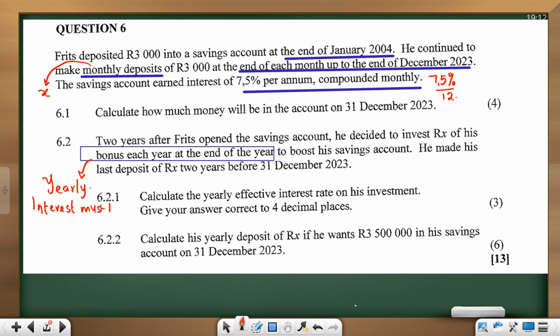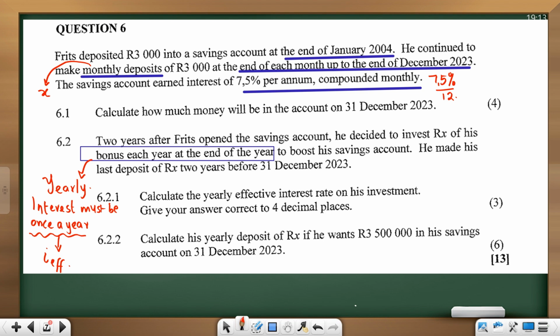Interest must be once a year, since we are making the deposit once a year. Making my interest once a year is actually my effective interest. Effective interest is the interest earned once a year. I hope that makes sense.